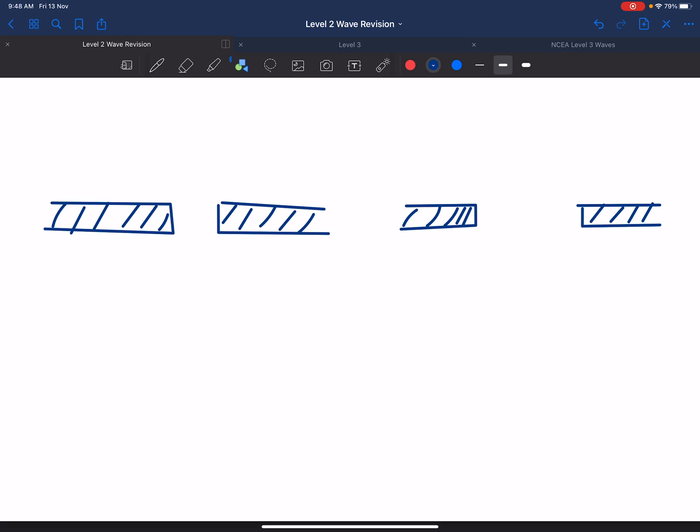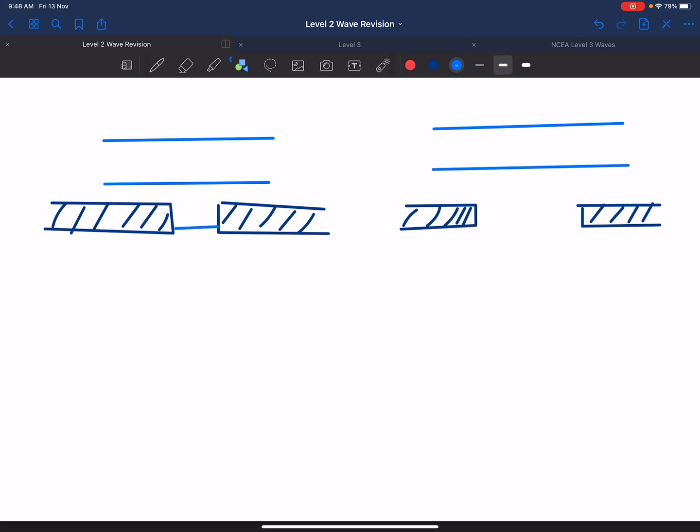So you've done this many, many times. If you have a wave coming and the wavelength equal to the gap, the wavelengths don't change because that depends on the speed. Speed is not changing.